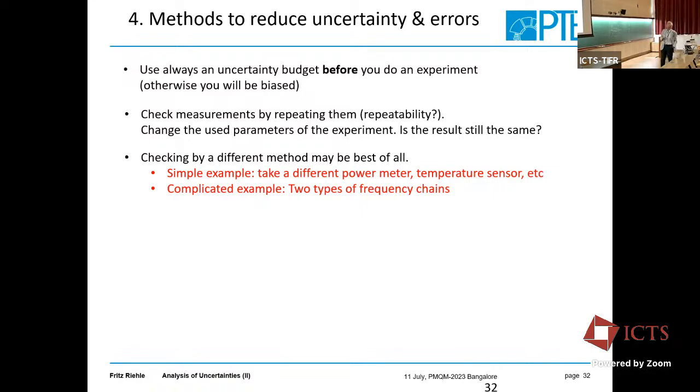The best method of all is to use different methods. That is simple. You have to take a different power meter. A power meter is a typical source of error.